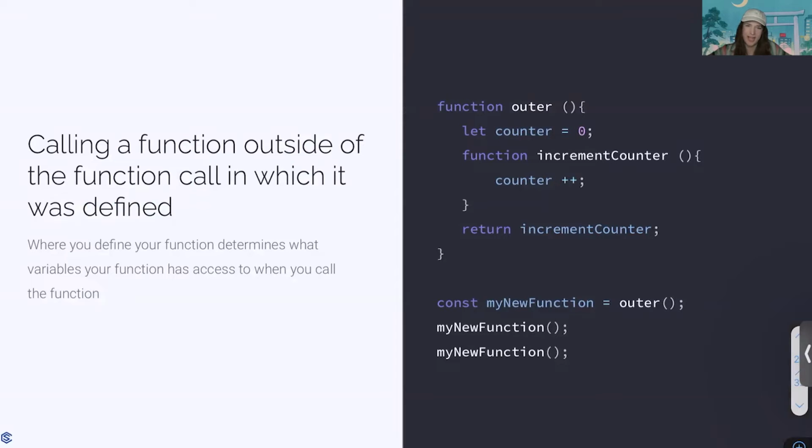Calling a function outside of the function call in which it was defined. Okay. So here we see something very similar, right? But instead of invoking increment counter inside of outer, we return that label.